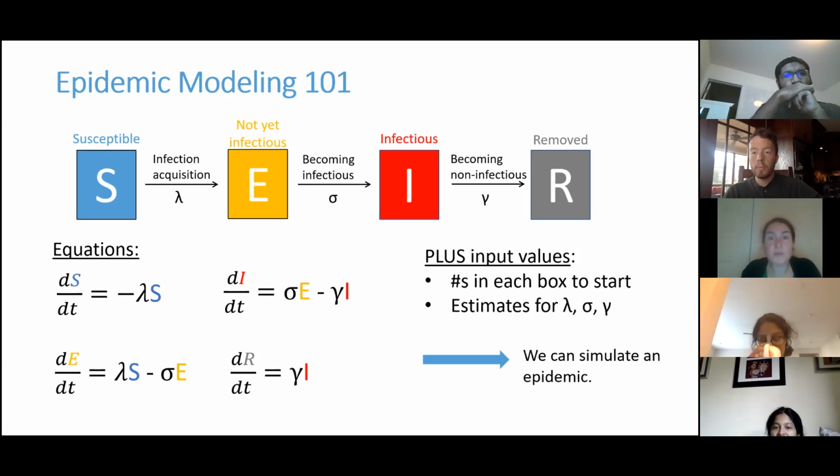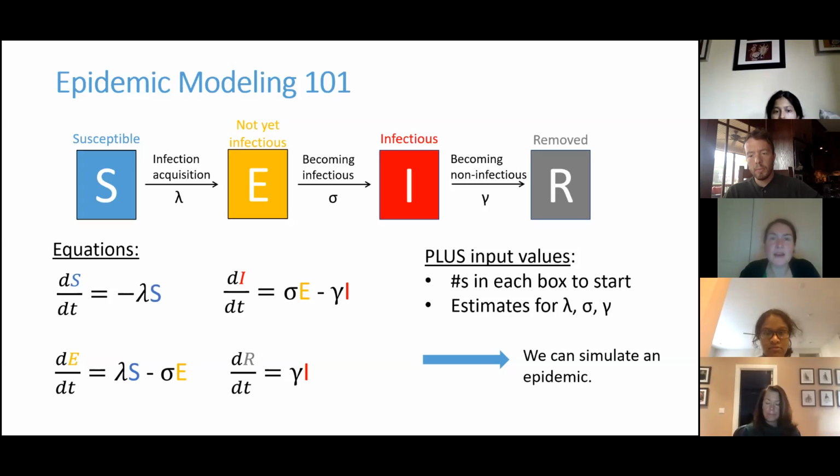Usually with an emerging infection such as SARS-CoV-2, we'll have everybody more or less in the susceptible compartment, with maybe just a handful of infectious people that are seeding the infection in the population. So we specify those initial conditions, specify values for these Greek letters, and with that information, we can simulate an epidemic. So it's a kind of computer laboratory for running an infection through a population.